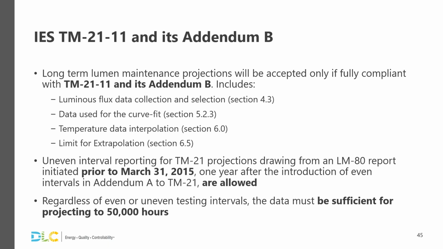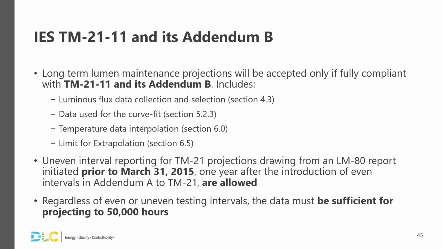LM80 sets will need to project to 50,000 hours via TM21 rules alone in order to demonstrate compliance with the L70 lumen maintenance requirement. Again, as I mentioned, this was included in draft 2, but we received a number of comments recommending adding an exception for uneven interval testing and reporting for TM21 projections, drawing from an LM80 report initiated prior to March 31st, 2015.